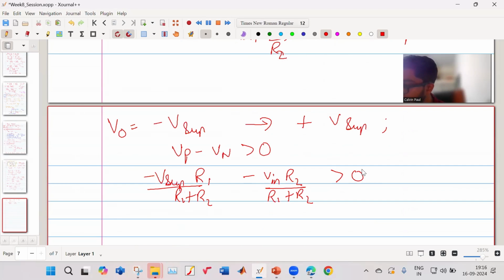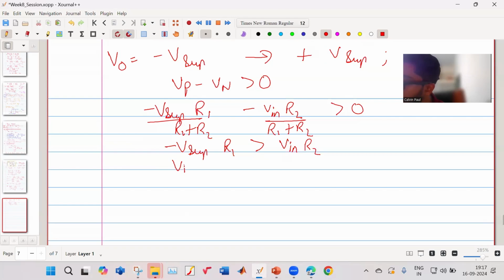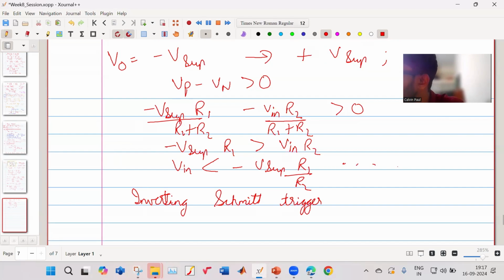So what it means? Your minus V supply into R1 must be greater than V input into R2, right? So your V input must be less than minus V supply into R1 by R2. If this happens, your output will go from minus V supply to plus V supply. So this actually is an inverting Schmitt trigger. This is your second point.